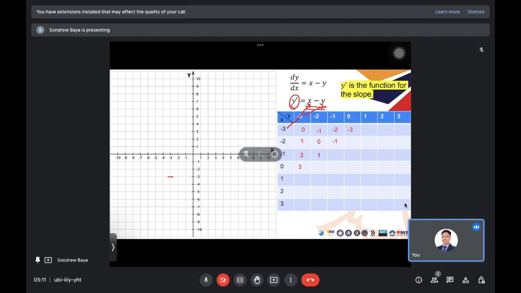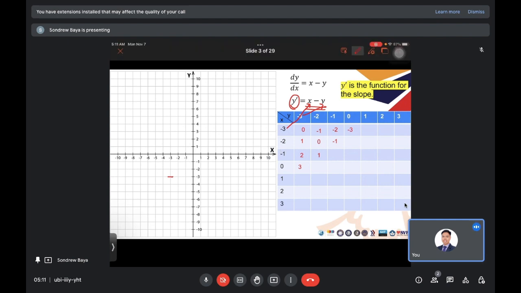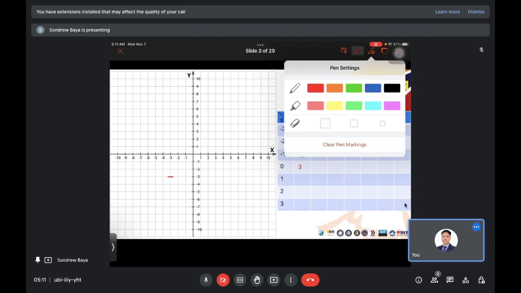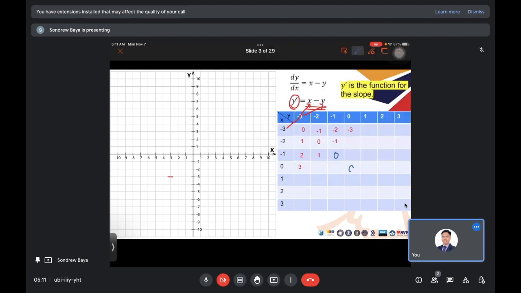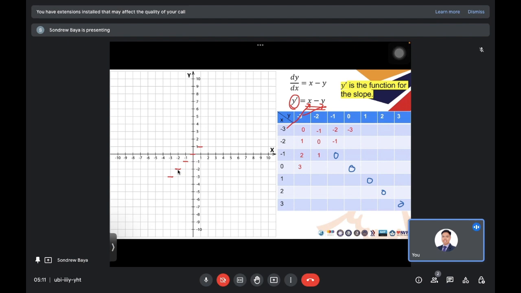And that would enable us to sketch the slope field easily. Therefore, at these points, slope is 0. So we have, for example, negative 2, negative 2. This will be 0. Negative 1 will be 0. And since we have already created this, you don't have to look at the table anymore because we could already find out that these will all be equal to 0.